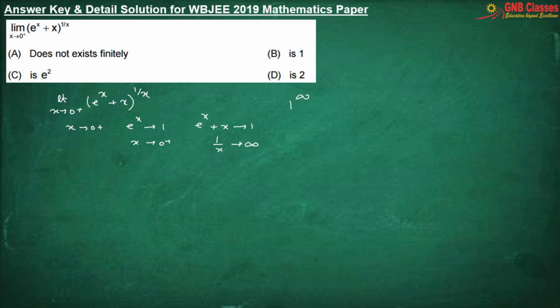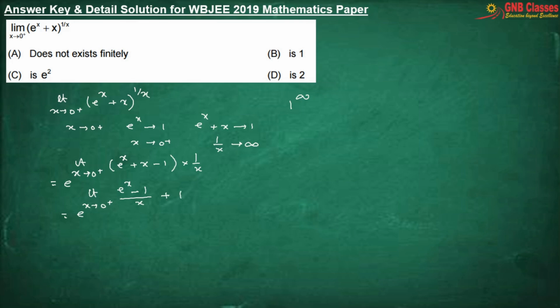Therefore, we can write this limit as e to the power limit x tends to 0 plus (e to the power x plus x minus 1) into 1 by x. These are the concepts from the power limits. So it can be written as e to the power limit x approaches 0 plus (e to the power x minus 1) by x plus 1.